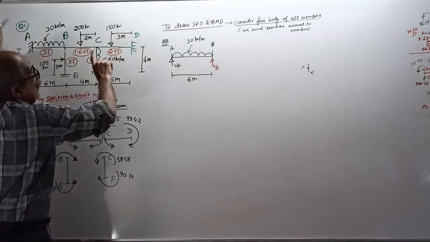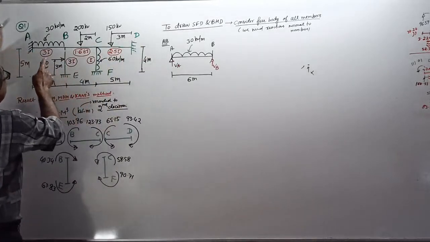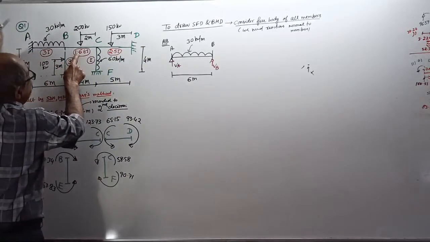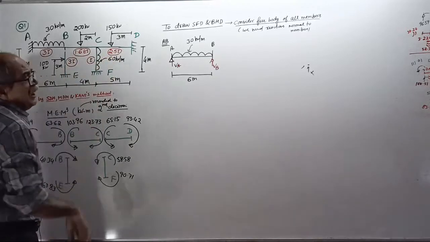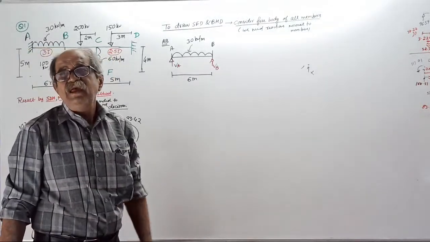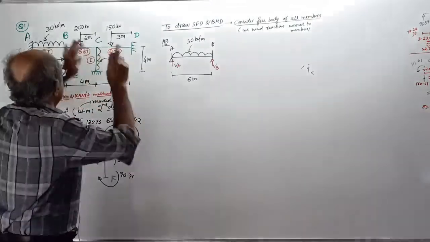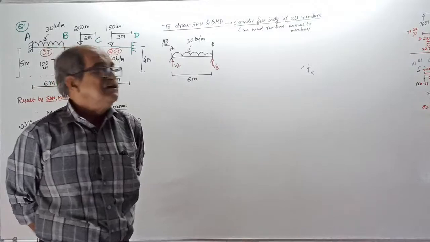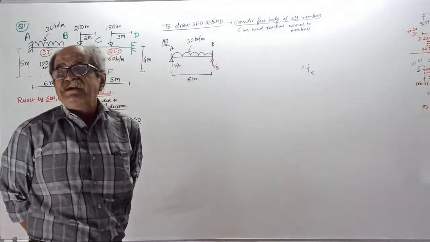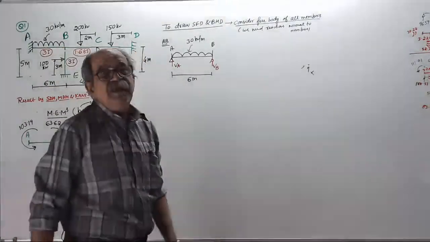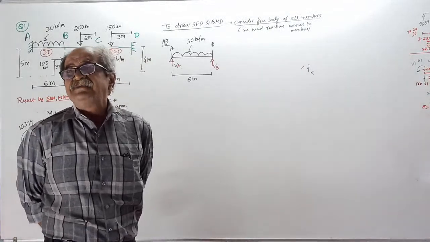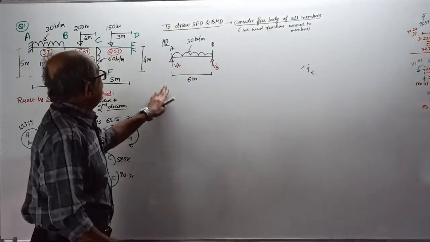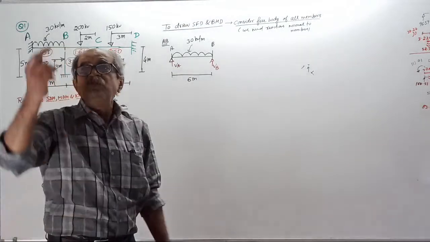Now when you go to SFD-BMD, the 3I, 1.6I, I, 2.5I are not required. Why? You don't require I. Still they are given. Why? Because suppose somebody knows the subject and wants to understand SFD-BMD correctly. He knows the slope deflection and Kani's method. Then he may think, let me solve by my own knowledge.